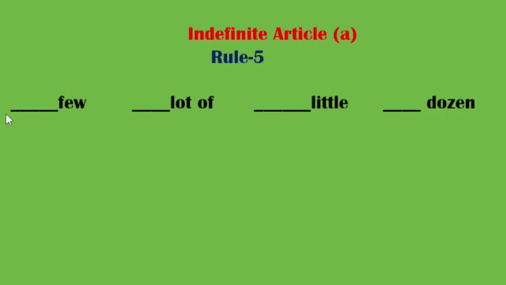So before these quantities we have to use indefinite article a. A few, a few well-known personalities of the city, we can say like this. A lot of, a little, as well as a dozen. These are the strategies which we have to follow to know in which context or situations we have to use indefinite article a.